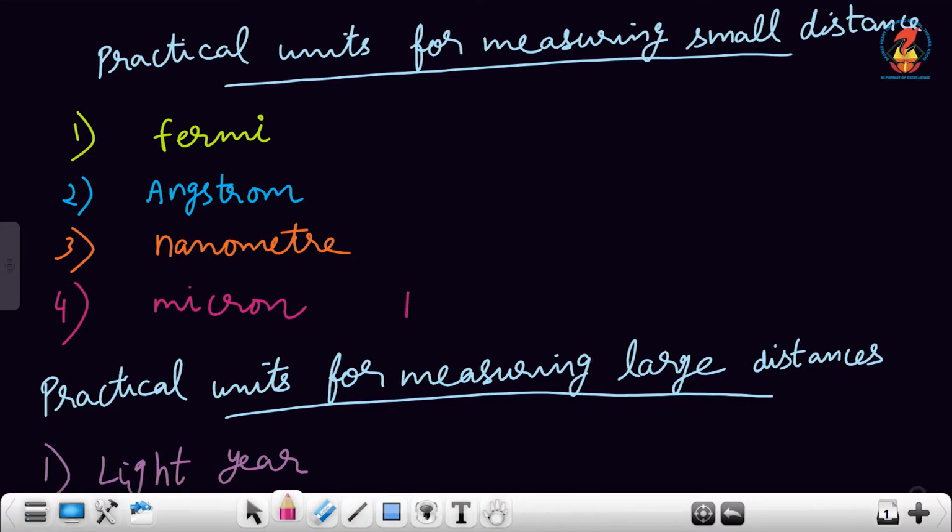I will write like this: 1 micrometer, 1 mu m. It is read as mu m. So 1 mu m is equal to 10 raised to minus 6 meter. So it is used to express the thickness.